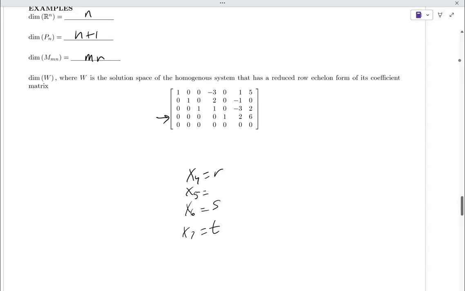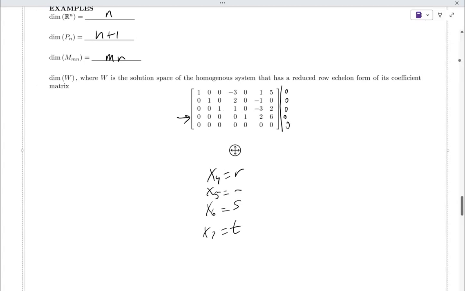Remember, there's the understood zeros down this column. It hasn't been that long since we've done these. Okay. Minus 2s, minus 6t, right? For your x3, you would get... Okay.